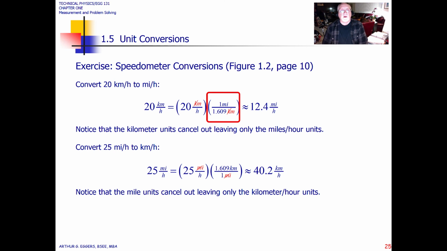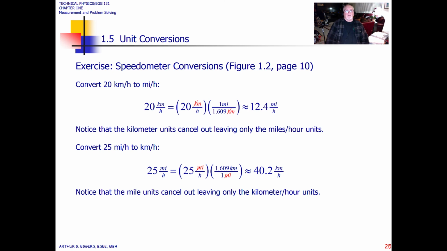When we set this up properly, we have miles in the numerator, hours in the denominator, and we get 12.4 miles per hour as the conversion for 20 kilometers per hour. Notice that the kilometer units cancel out, leaving only miles per hour.